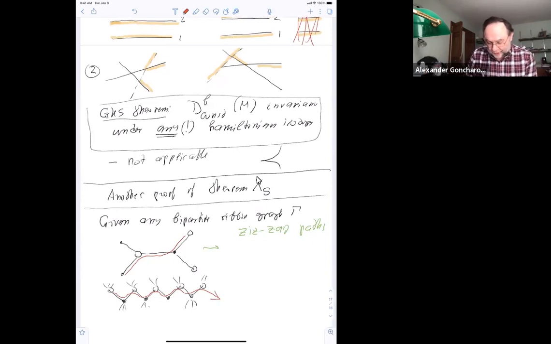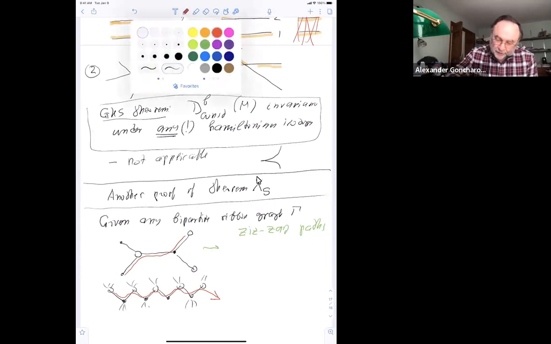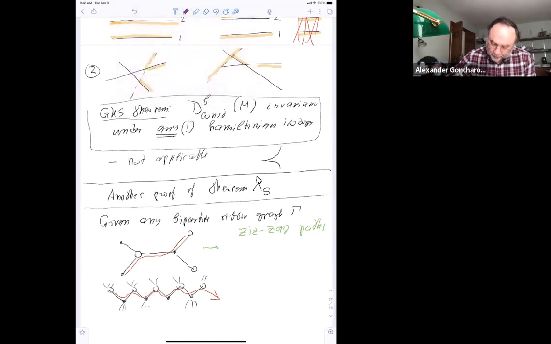You can decide that they are oriented from white to black, for example. But if you have an edge, we always have two zigzag paths, because again, you can go left here, right here, and so on. And these are the orientations.